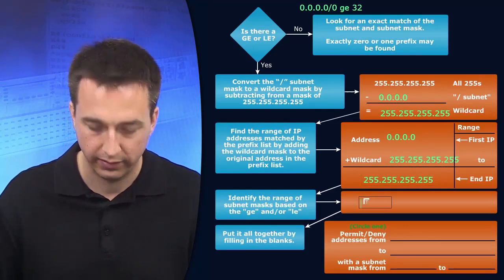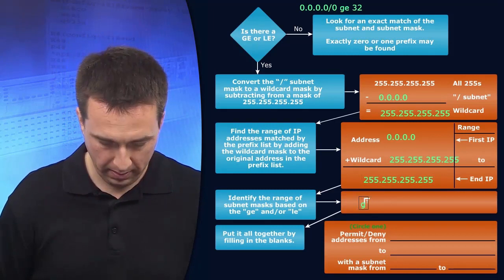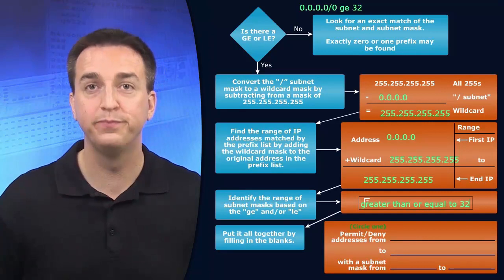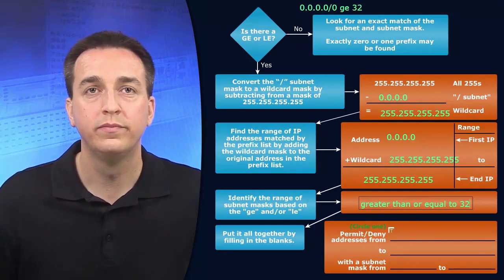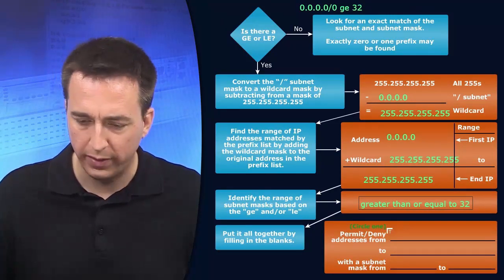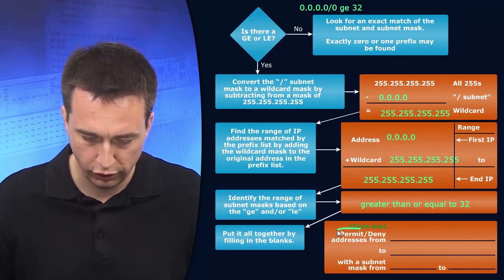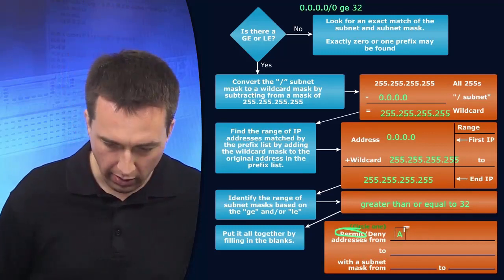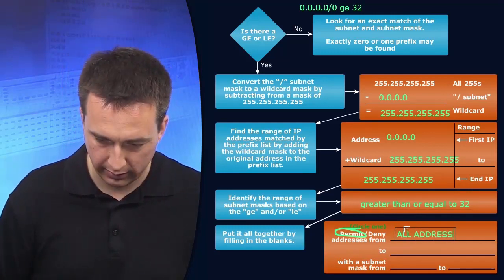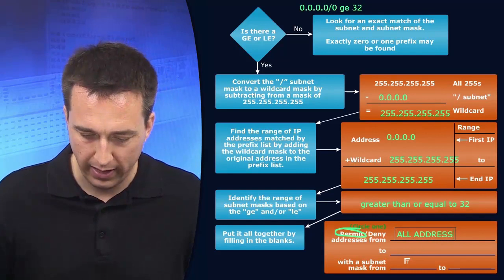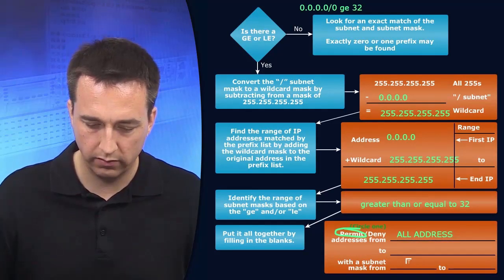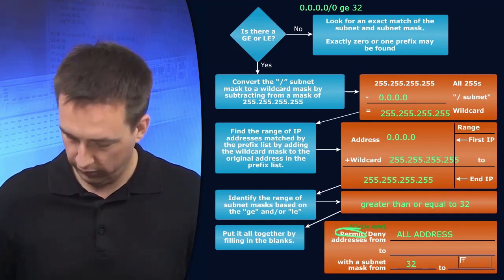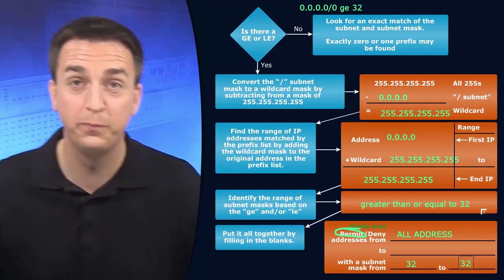And then the subnet mask has to be greater than or equal to 32. And it was a permit statement. They're all permit statements, so we can circle that in our examples. Permit. And what are we permitting? Ooh, we're permitting all addresses with a subnet mask from 32 to 32.